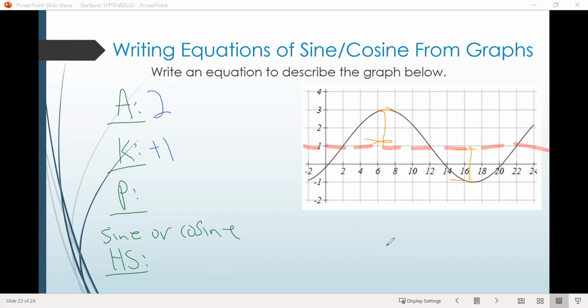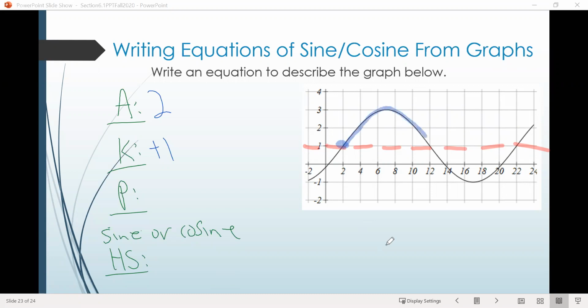And the next thing we need to choose is whether this is going to be a sine or cosine function. And I'll tell you that we can actually write this as either. If you recall from earlier videos, sine and cosine are actually the same wave, just shifted left or right. And so the important thing to look for would be what we can see in the picture and to choose a starting point. And when I look at this, I see that here I have a point starting on the midline.